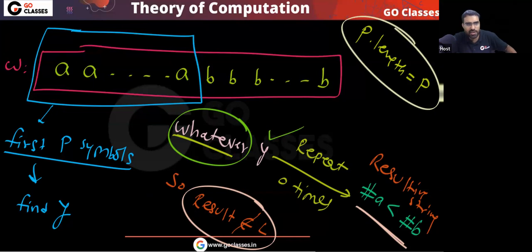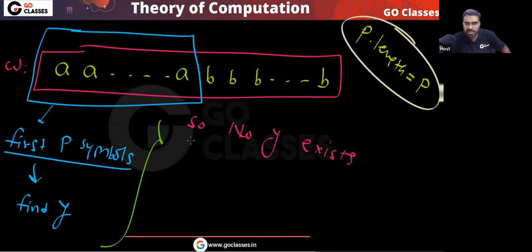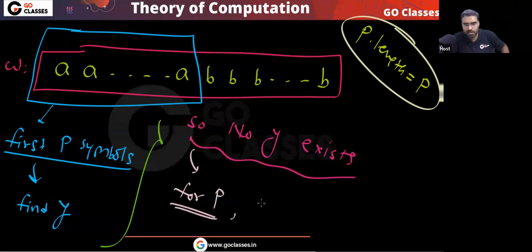You can take whatever y you want, repeat it 0 times, and the resulting string will not belong to L. So what can I say? No y exists. So for P, this string will not pump.